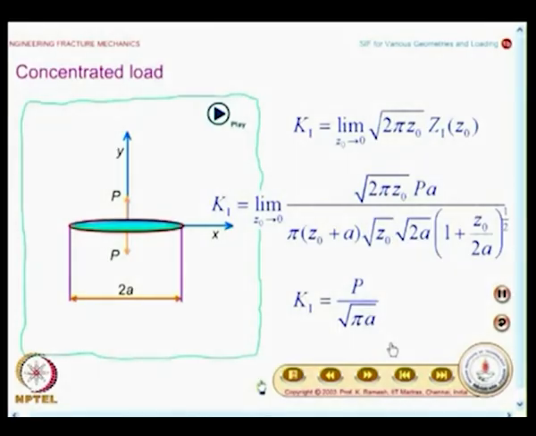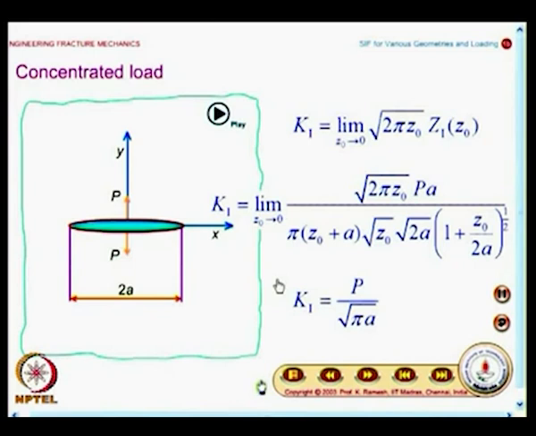We would see both the cases and convince ourselves the Paris law is useful. So, it is a very important problem from that point of view. When I have it from concentrated load, this could also model for riveted hole, that kind of problems, and you could also construct multiple solutions based on this. So, you have a problem like this.